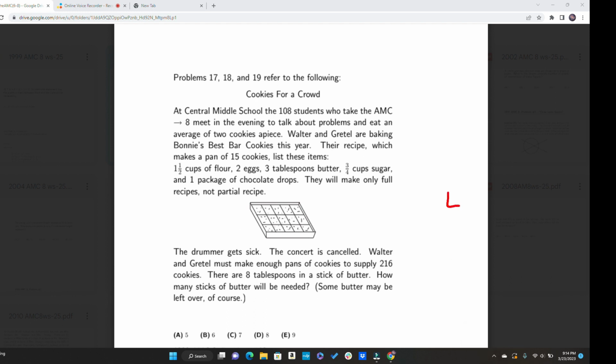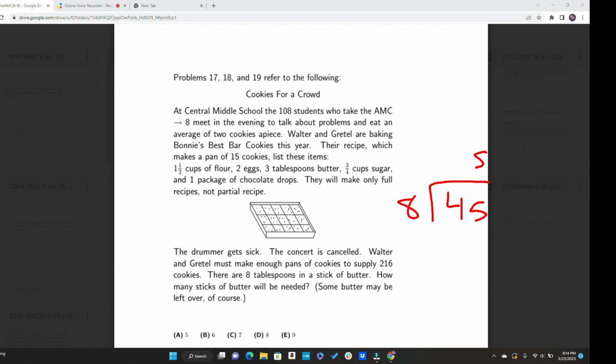So 15 times 3, that is 45 tablespoons of butter. Dang. Okay, and 8 tablespoons of butter makes a stick. So how many sticks are going to be needed for this recipe? We divide it by 8.